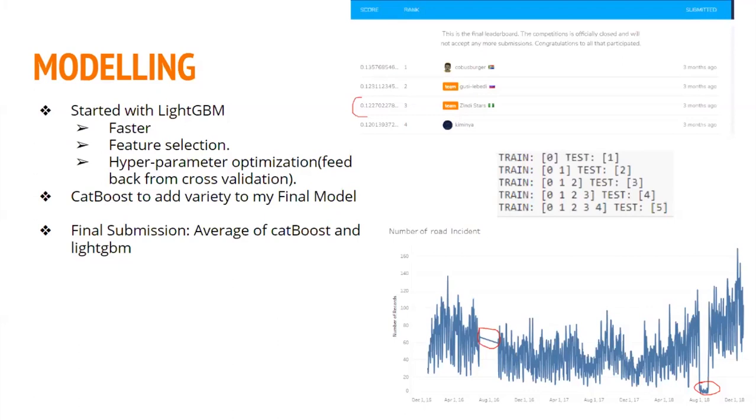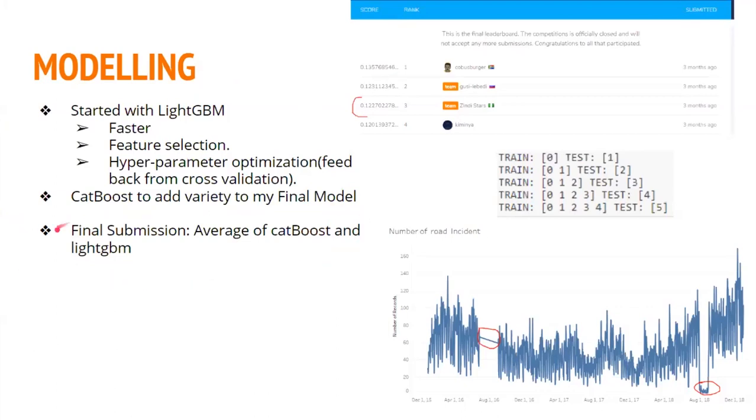Then for the final submissions, we averaged the output probability of CatBoost and the probability of LightGBM, and we used a threshold of 0.06, the threshold we got from the optimization of our F1 score.